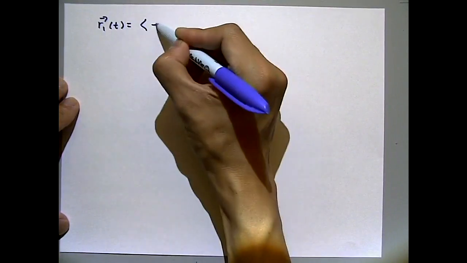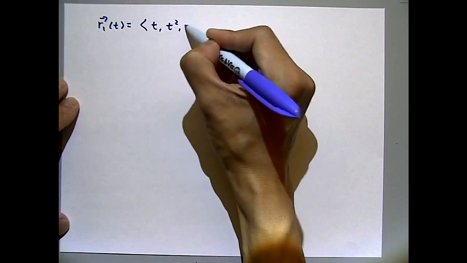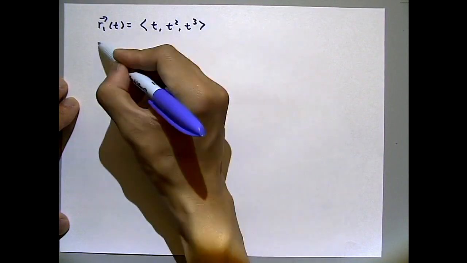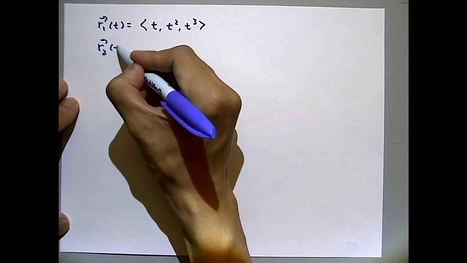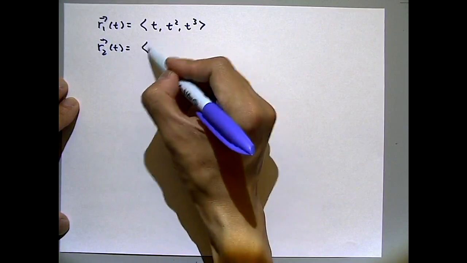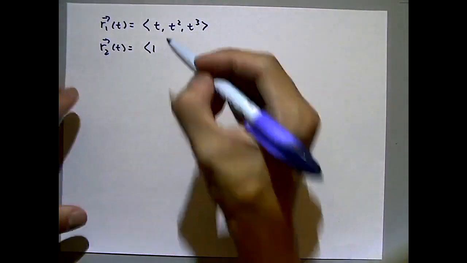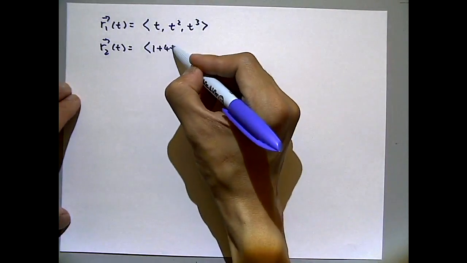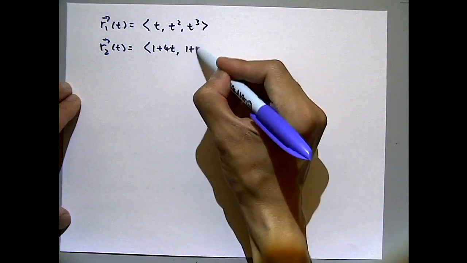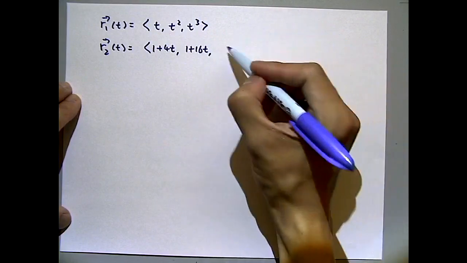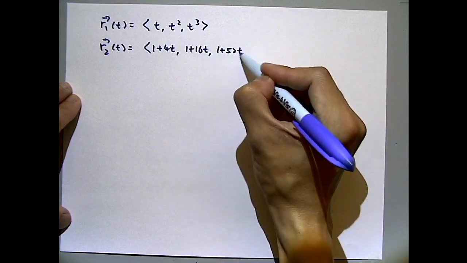And here are the space curves again. One plus 4t, 1 plus 16t, and 1 plus 52t.